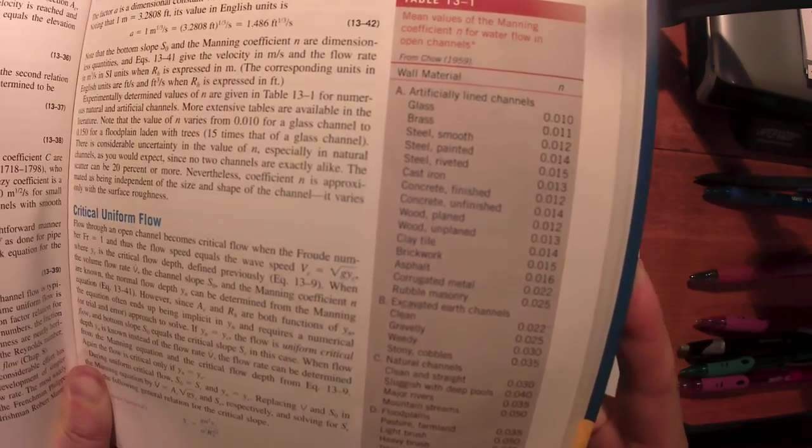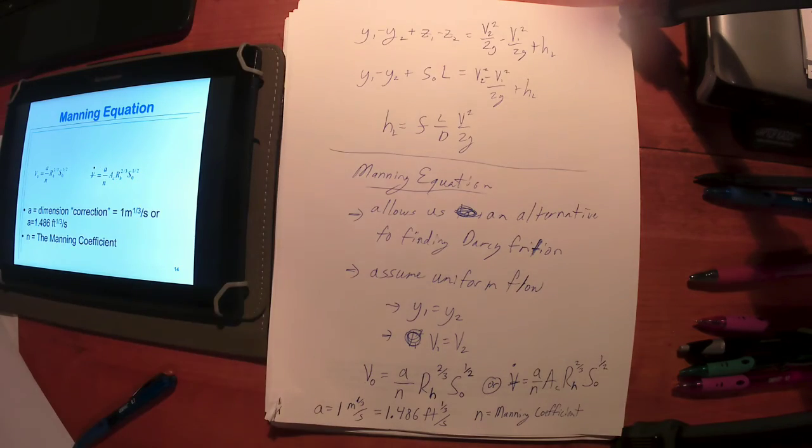So anyway, it essentially serves as the roughness for your conduit. The smoother it is, the lower the Manning coefficient. The rougher it is, the higher the Manning coefficient. And that affects the flow, either slowing it down or speeding it up accordingly.